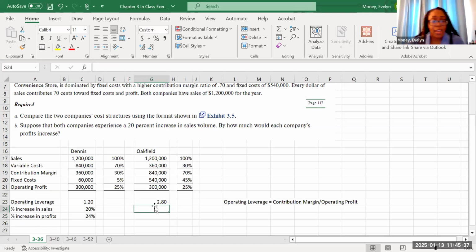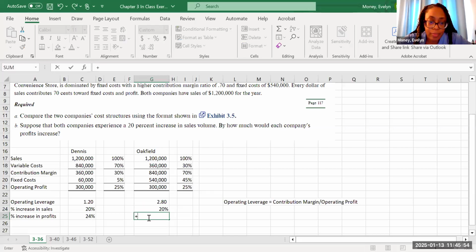Let's do the same thing for Oakfield. It's still 20%. Make that a percentage. And we'll take the 2.8 times the 0.2. And I forgot to make this a percentage again.